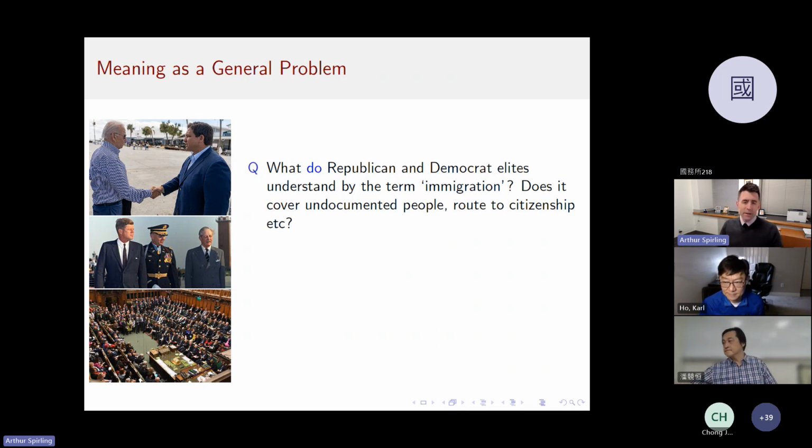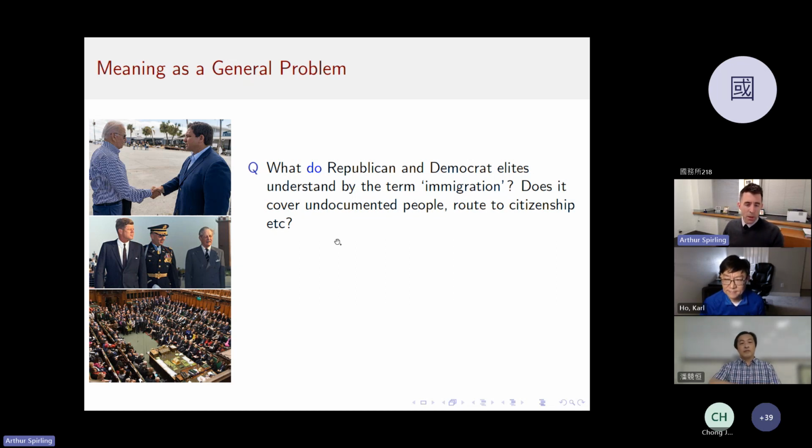And we can imagine that the way that Republicans and Democrats understand the term immigration in the United States differs a bit. Maybe one group thinks about immigrants as people who are undocumented. Maybe another group thinks of them as people for whom we should be trying to provide a route to citizenship.